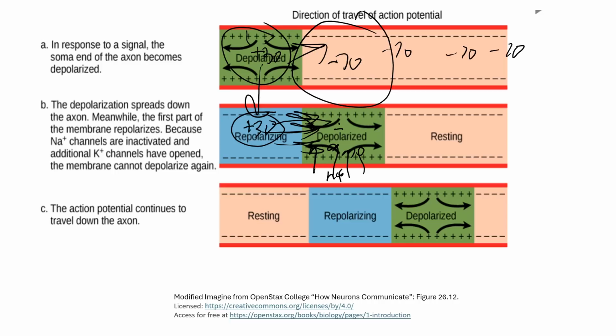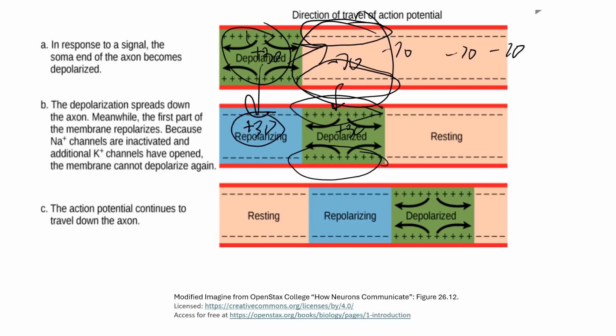It depolarizes it to positive 30, because you'll notice, if we look at the image on the top, it's negative, negative, negative, negative everywhere. And now, on the image underneath it, where it now says that region is depolarized, it's positive, positive, positive, positive everywhere. And the reason for that is, of course, sodium has come in and it has depolarized it, made it more positive all the way to positive 30 millivolts.